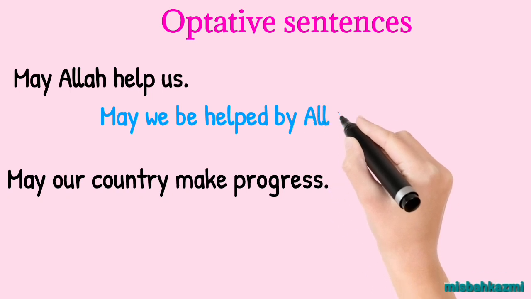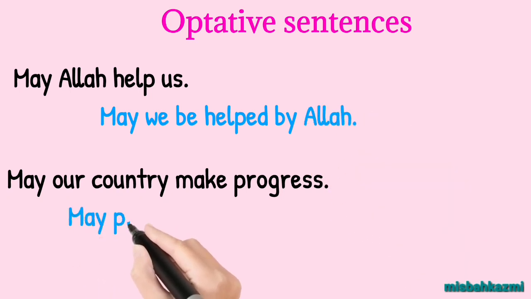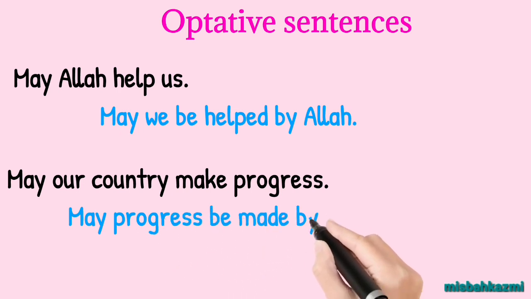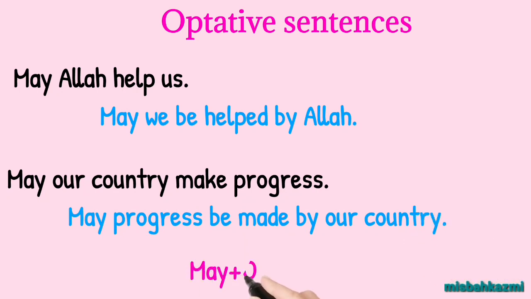May we be helped by Allah. Okay. May progress be made by our country. So here is the change, you can note it down. May, and after that object, then verb in third form, and after that by, and then the subject. So it is the same as the old one.